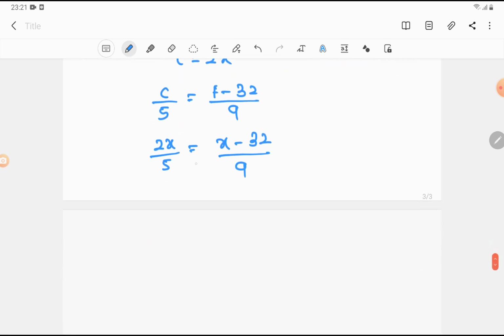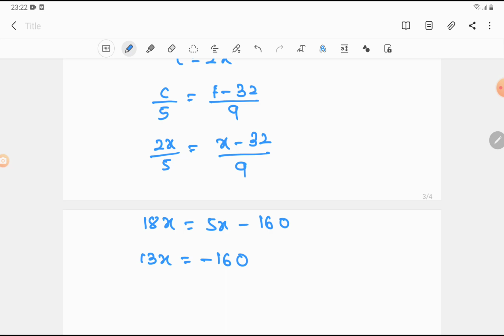Okay, solving. 9 2s are 18x, 5 into x is 5x, 5 into 32 is 160. Already know it. If this comes to this side, 18 minus 5, 13x is equal to minus 160.